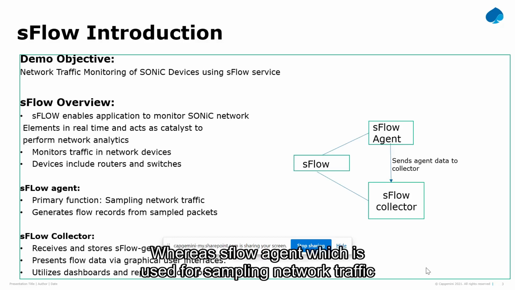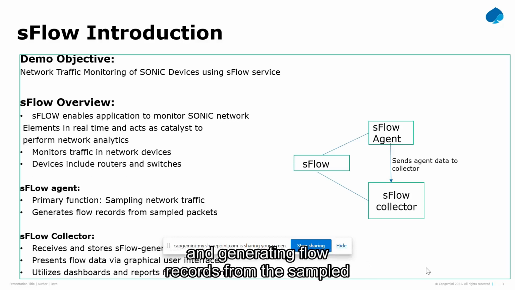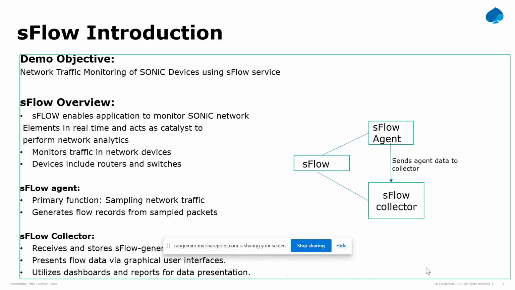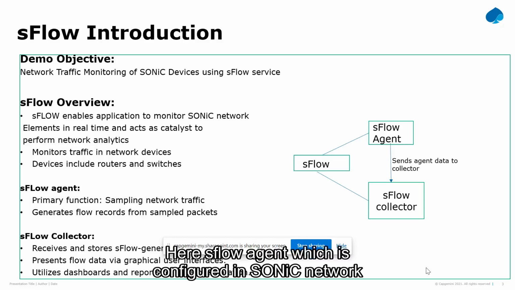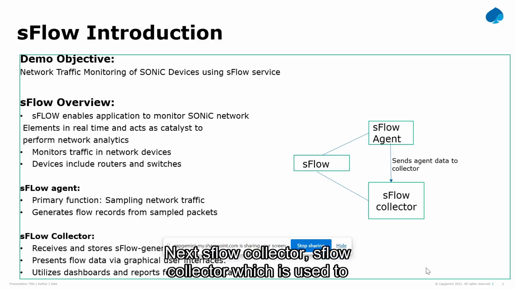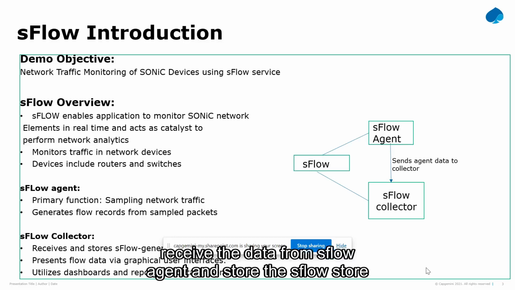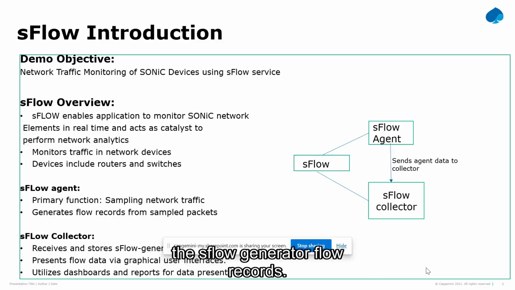The sFlow agent is used for sampling network traffic and generating flow records from the sampled packets, and it is configured in the Sonic network element. The sFlow collector is used to receive the data from the sFlow agent and store the generated flow records.